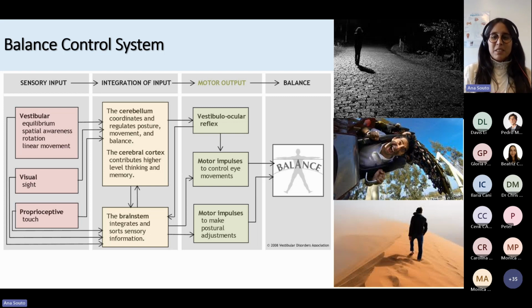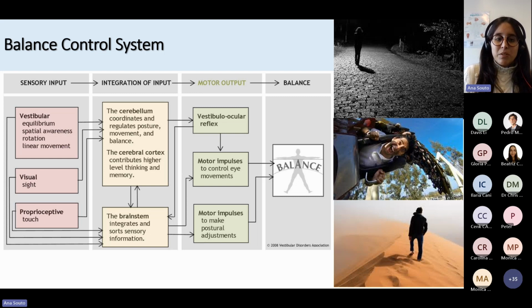So, in order to maintain balance, sensory inputs from all these systems are used as compensatory mechanisms. These compensatory mechanisms allow us to rapidly reweight inputs in relation to changes in environmental conditions, or even in the presence of some injury or pathology.